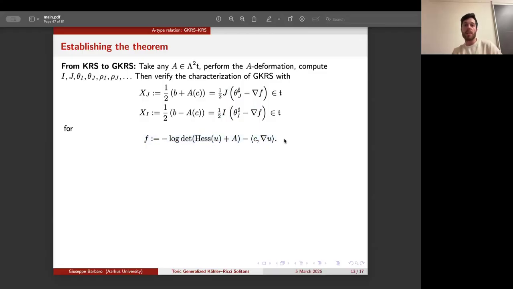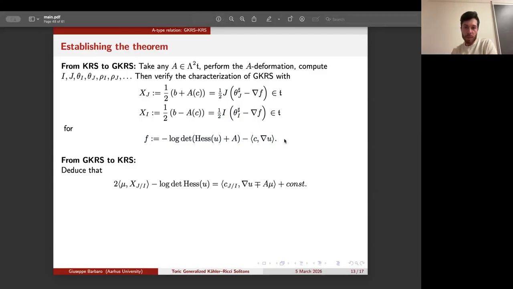On the other way around, if you start from a generalized Kähler-Ricci soliton, then you have to deduce this formula. The way of deducing this is because the dd^c of log the Hessian of u is going to be the Bismut-Ricci form, and the dd^c of this is the Lie derivative in the direction xi or xj of omega.